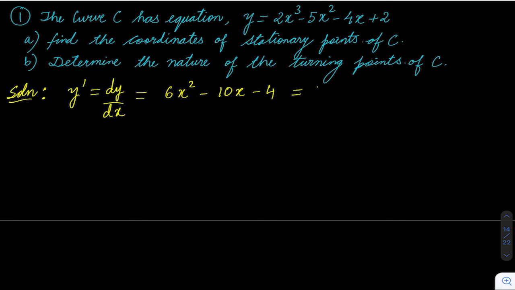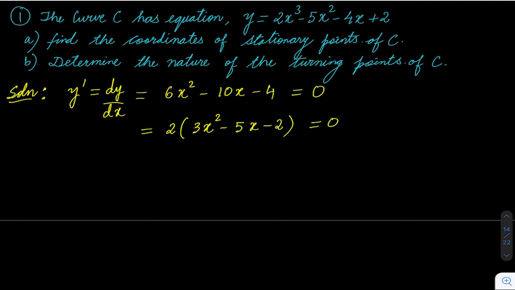And for stationary points, this should be equal to 0. So let's simplify this. You can take 2 out. This will be 3x square minus 5x minus 2.